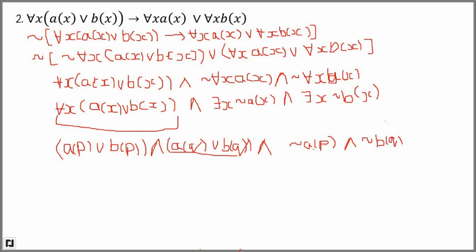Now we have a conjunctive normal form and we have to make a tree for it. So we first take the single terms which are negation A(p) and negation B(q).